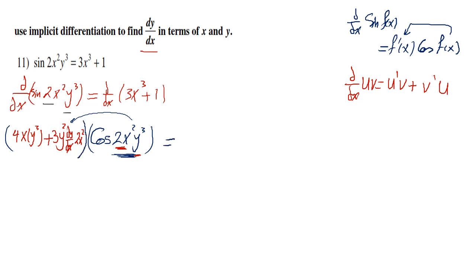Is equal to the derivative of the right hand side, and derivative of the right hand side is 9x to the power of 2 after I put down the exponent and subtract from the exponent 1, and the derivative of any constant is equal to 0. Now let's start simplifying the term to the left.